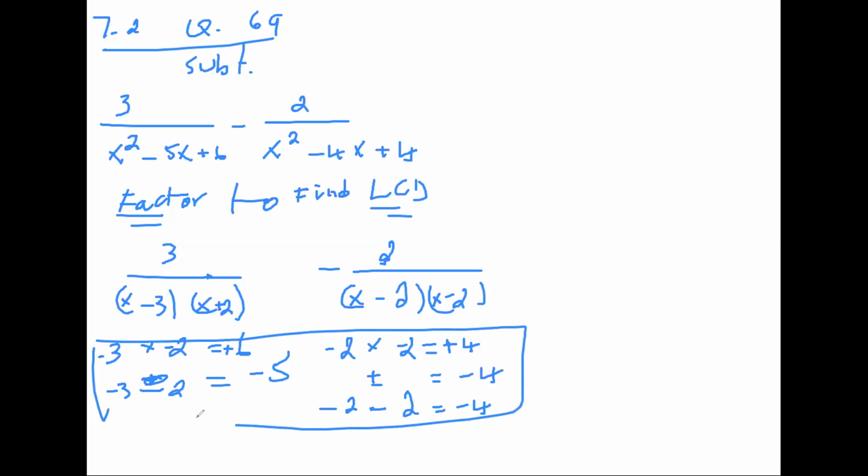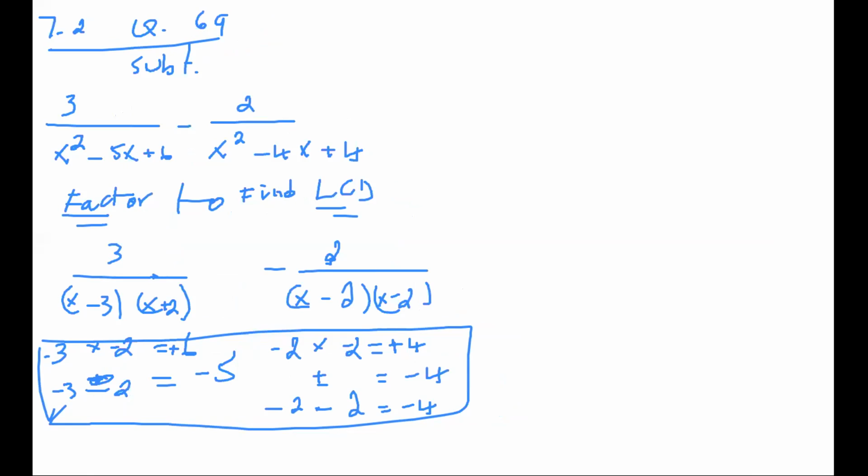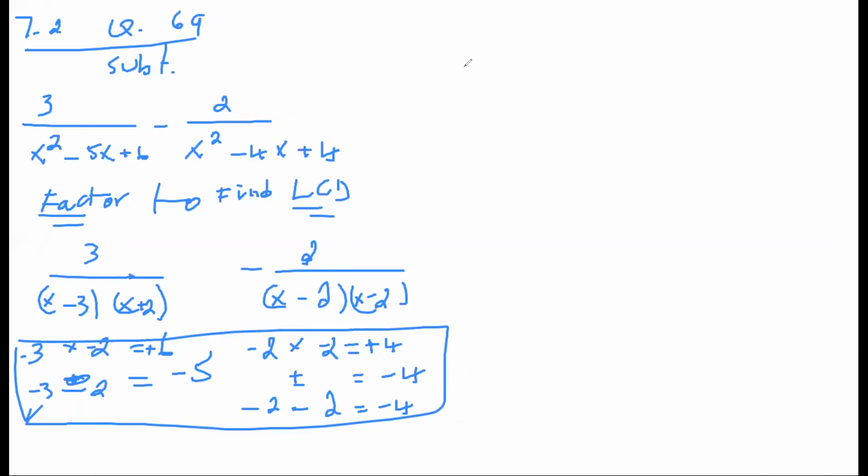Now we need to make them the same. They're not the same: x minus 3, x minus 2, x minus 2. At least they have one thing in common. Do they have something in common? The x minus 2.